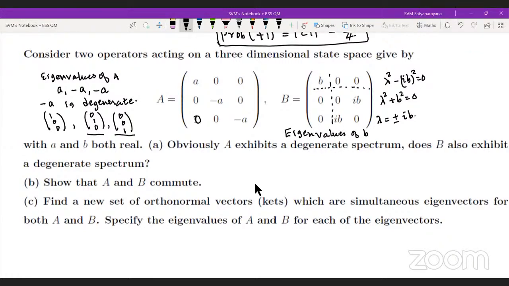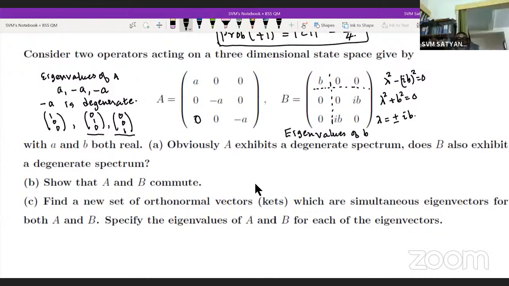So one doubt, sir. Is this observable? It cannot be, right? Because it's not Hermitian. Okay, so maybe we can simply remove this I here.